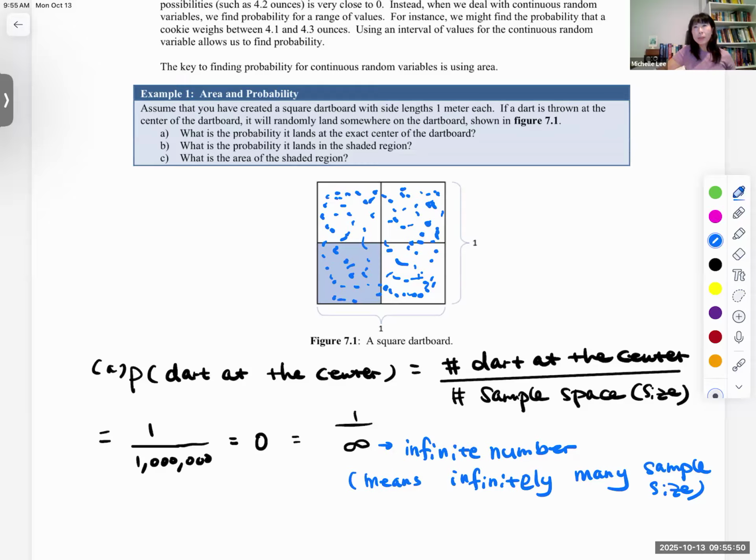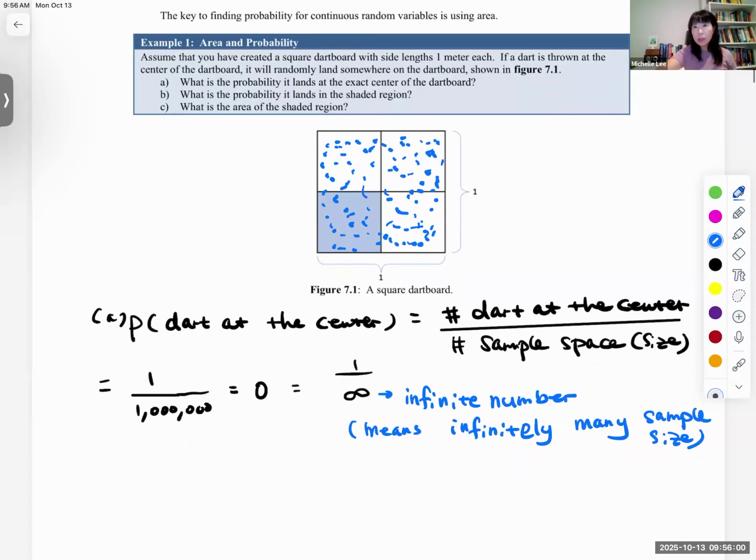Makes sense? Okay, the second one: what is the probability it lands in the shaded region? Let me bring a nicer picture. You cannot see.